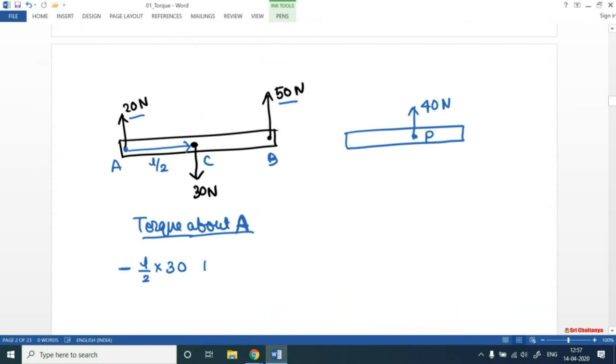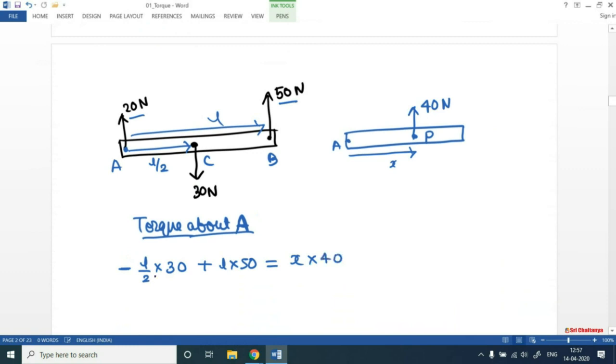And then we will be having torque due to 50 Newton force, and its arm is basically L, so L into 50, and that will be equal to torque here. So let's say this distance is X from A, so that would be equal to X into 40.